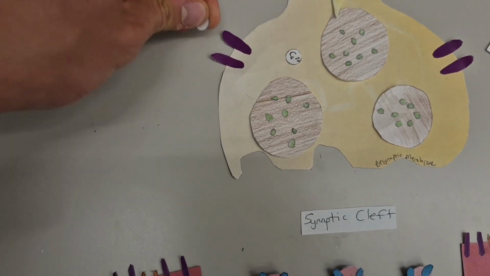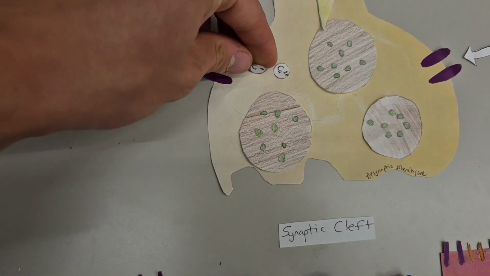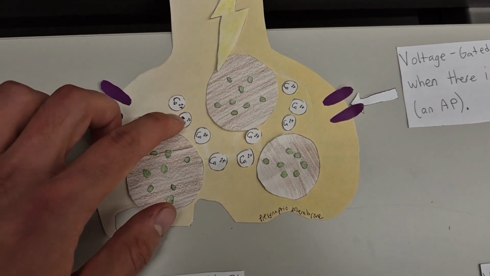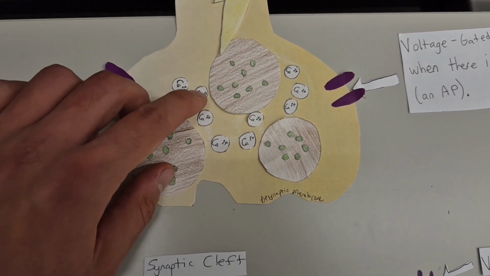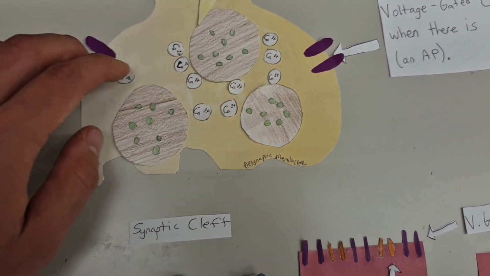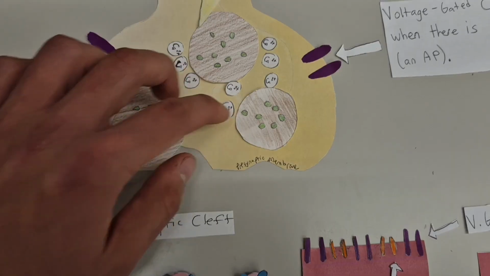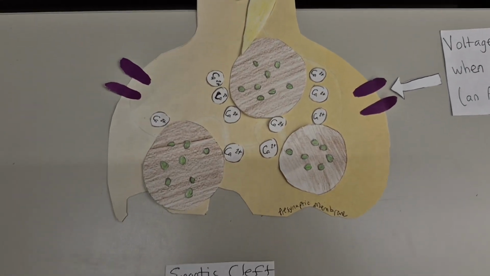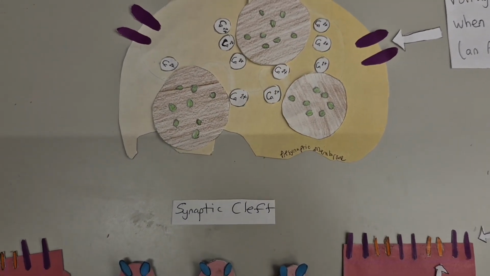All these calcium ions come in, and these calcium ions are going to bind with vesicles. Inside of these vesicles is the neurotransmitter called acetylcholine.